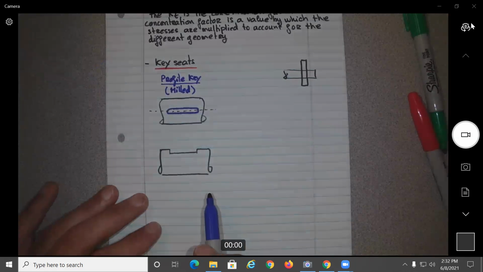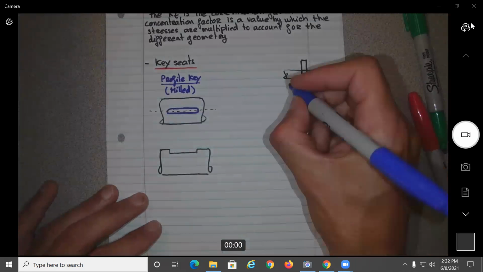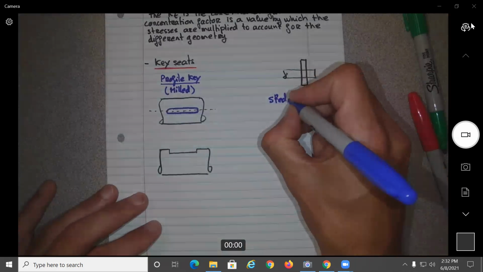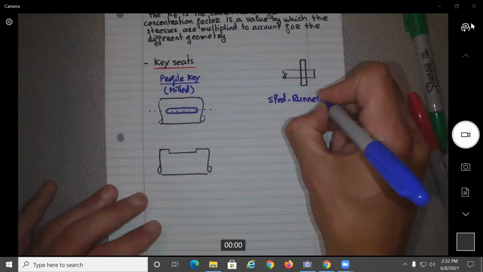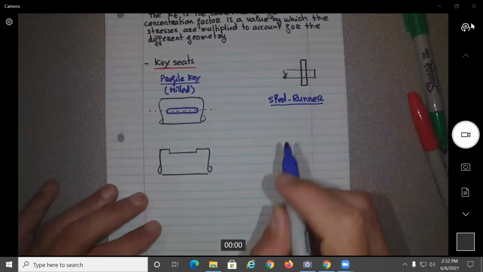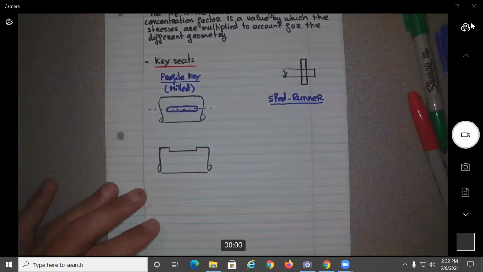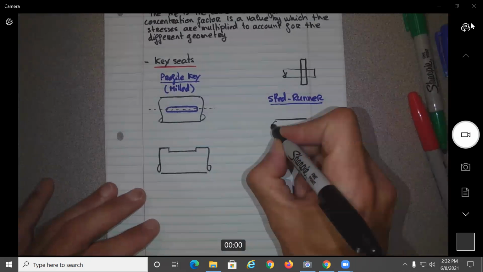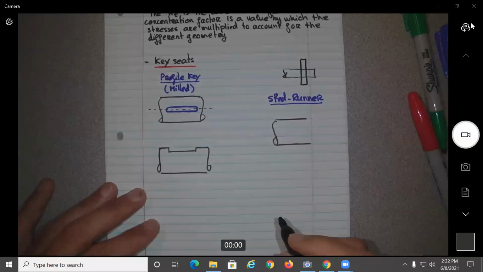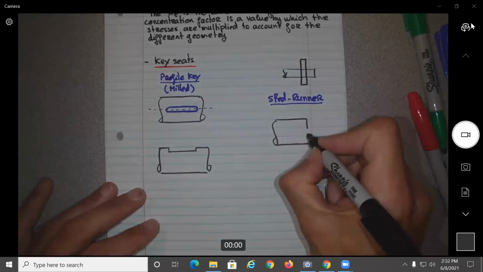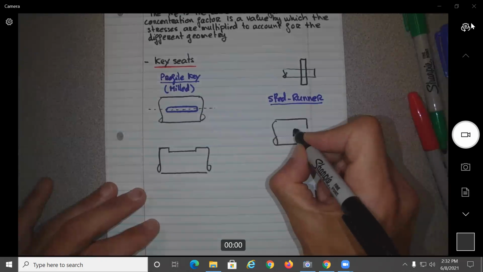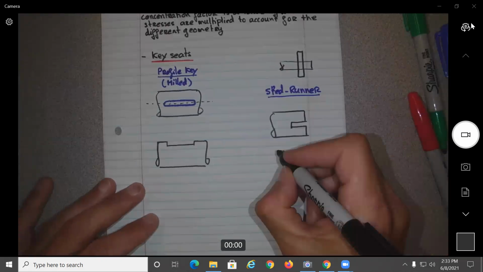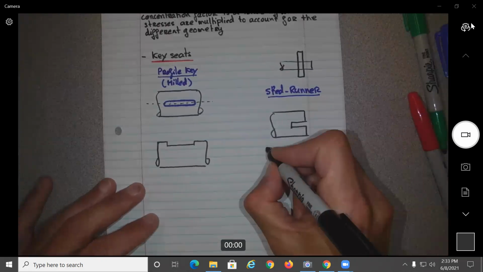The other type is what is known as the sled runner. The manufacturing of this one is a lot easier. Let me do the figure, I think it will be clear. This will be from the side and from the top.